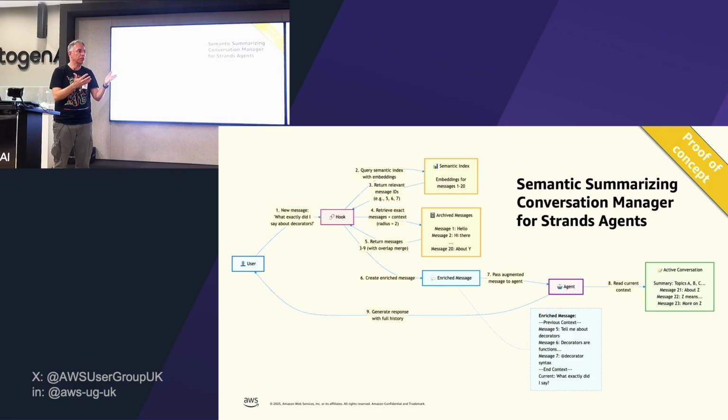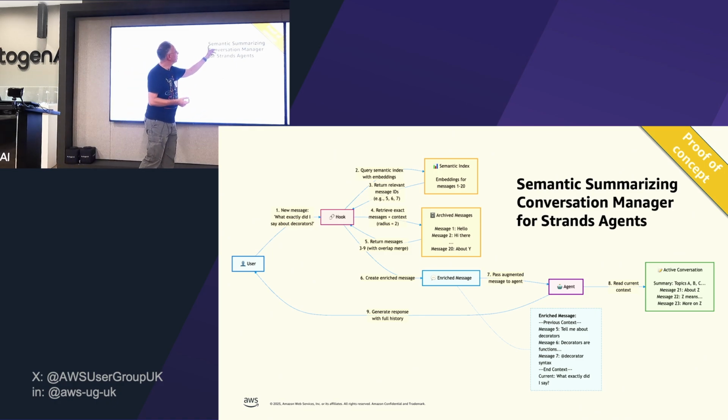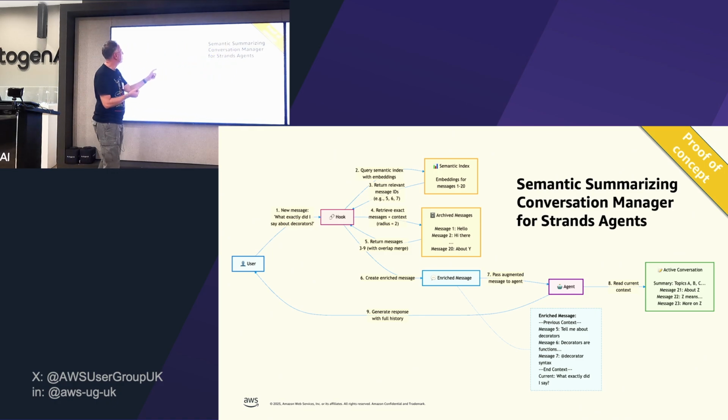And this is similar to what Claude Code or Cursor do, and you see the degradation of performance because data is lost. So what I did, I said, let's call it semantic summarizing conversation manager, and what it does is like this. When the user asks a question, this goes to a hook that is a trigger that will look into the semantic index if there is something saved.